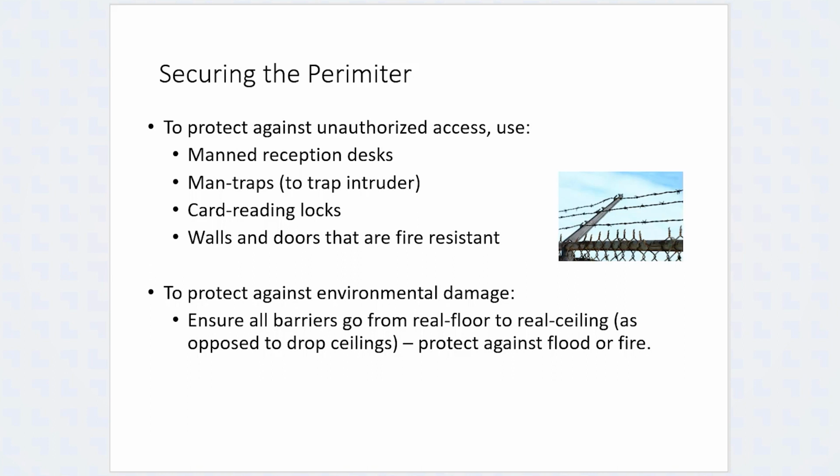Some people think that they drop the ceiling for improved heat exchange, but then that creates a problem for the potential for fire or flooding if you don't have a barrier that goes to the ceiling proper.